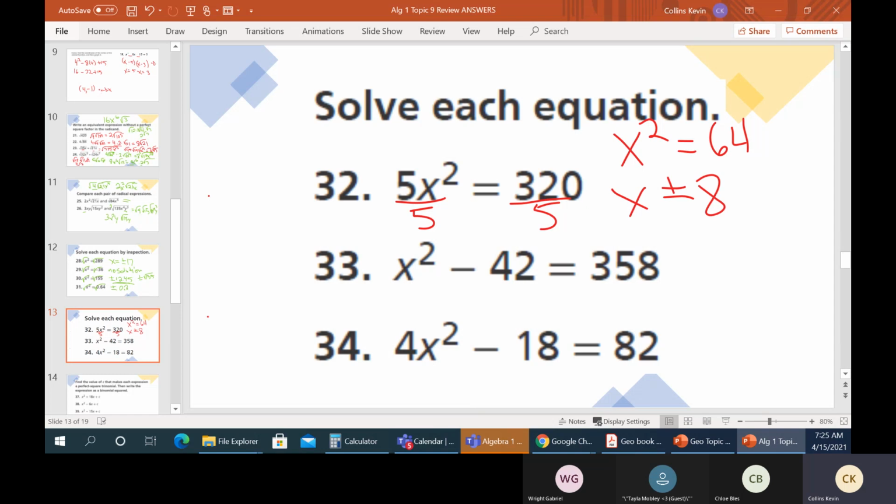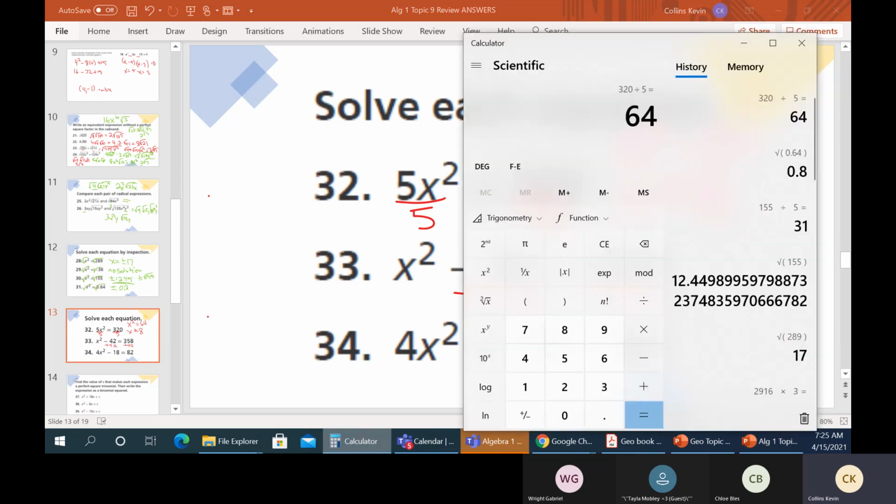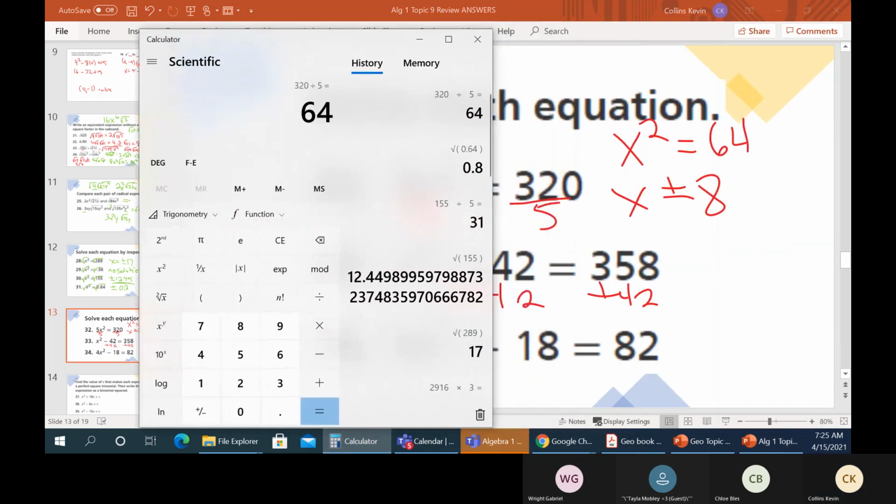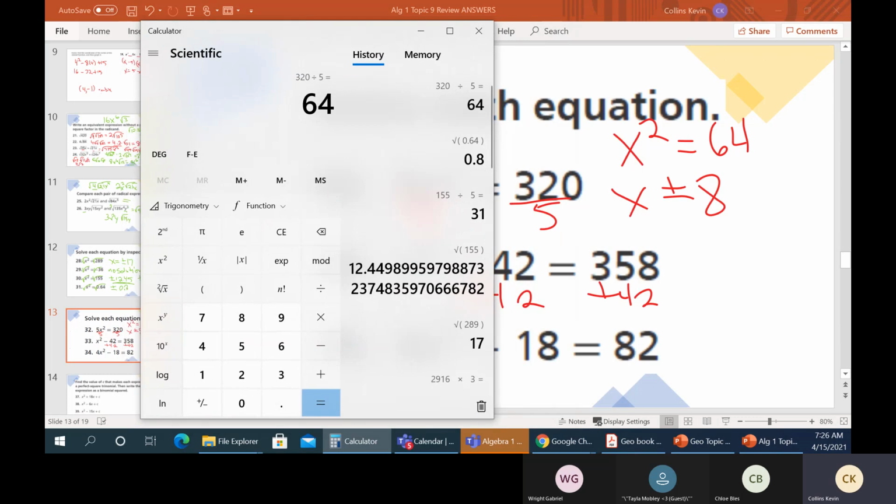Okay, so the next one, we need to get the 42 to the other side, right? So add 42. Add 42. Okay, so calculator city. We do 358 plus 42.